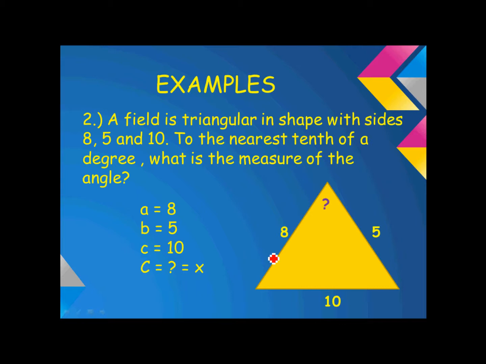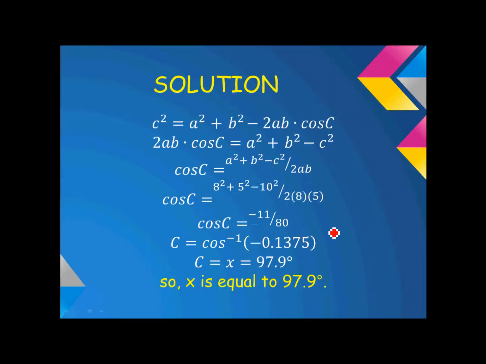So, we're going to use the formula C squared is equal to A squared plus B squared minus 2AB times cos C, since this is the formula where we are going to use cos C. We can't use that formula as is, so we should isolate cos C. So cos C is equal to A squared plus B squared minus C squared all over 2AB.